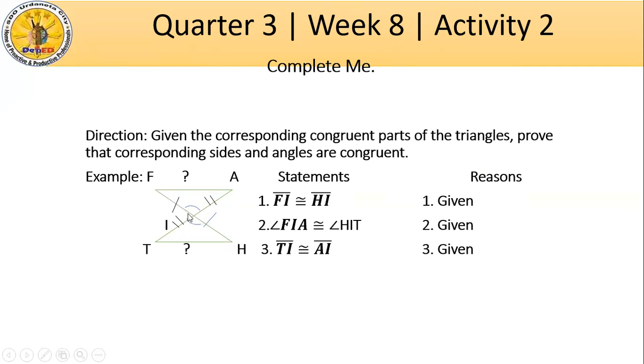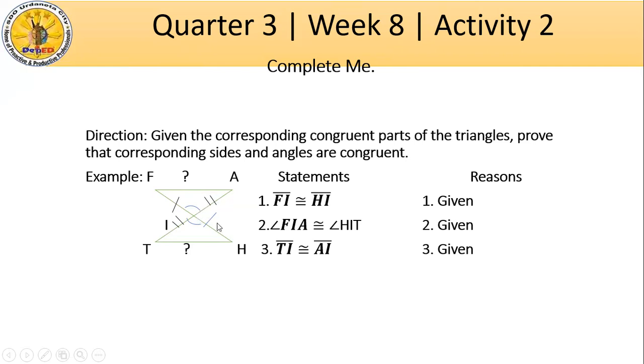FI is congruent to HI, and this is one of the givens. Angle FIA is also congruent to angle HIT. And line segment TI is congruent to line segment AI.